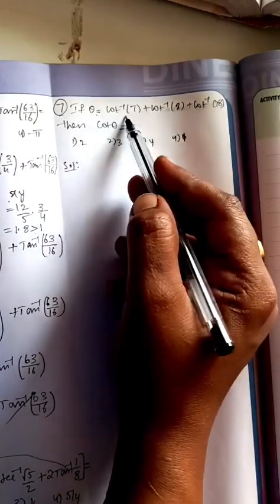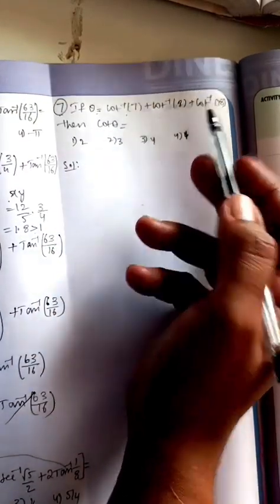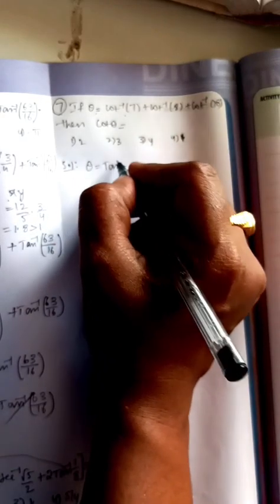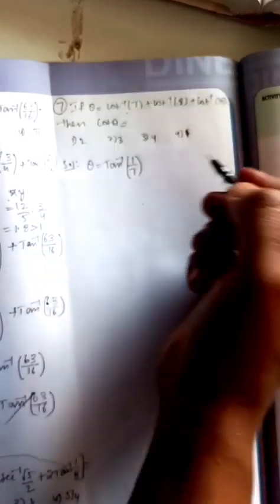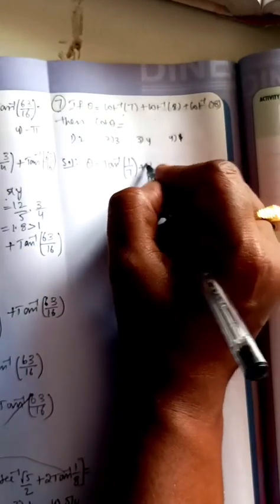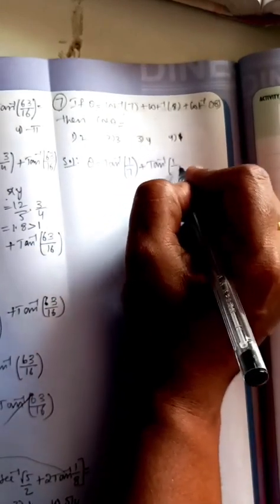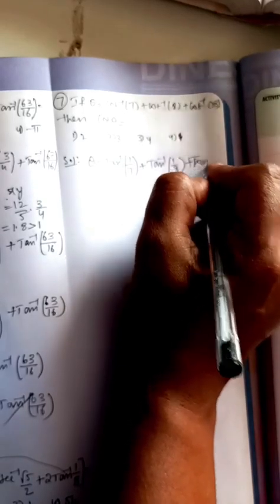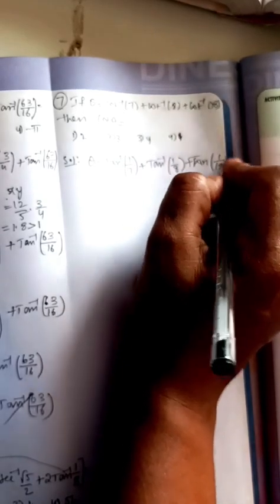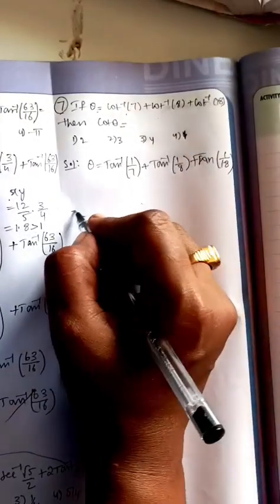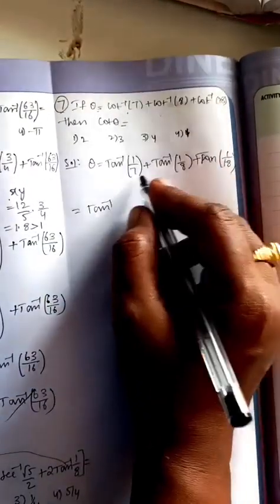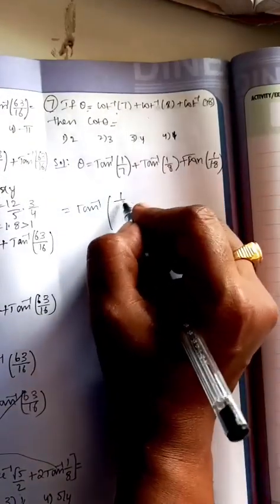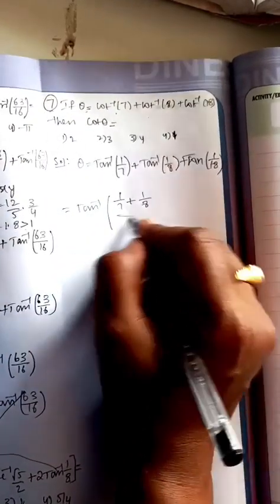Theta equals cot inverse 7 plus cot inverse 8 plus cot inverse 18. Change it completely into terms of tan. So cot inverse 7 becomes tan inverse 1 by 7, cot inverse 8 becomes 1 by 8, it's the reciprocal, and cot inverse 18 becomes 1 by 18. Solve the first two using tan inverse x plus tan inverse y, which is tan inverse of x plus y by 1 minus xy.